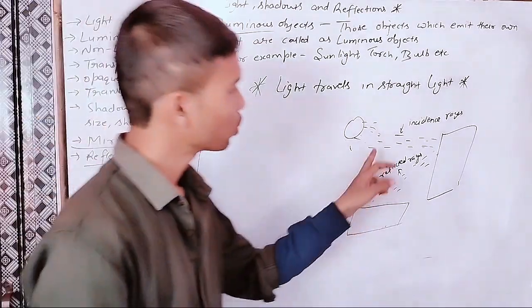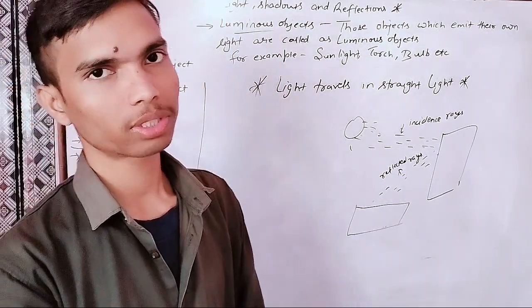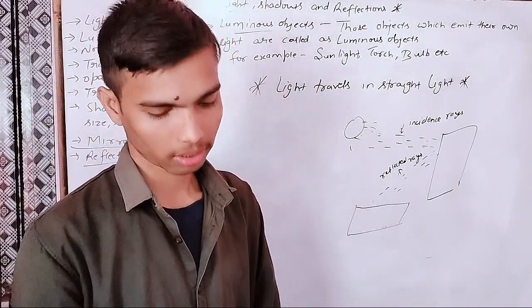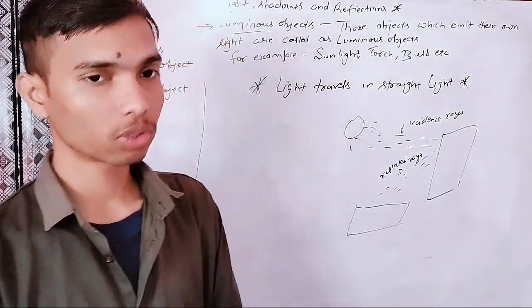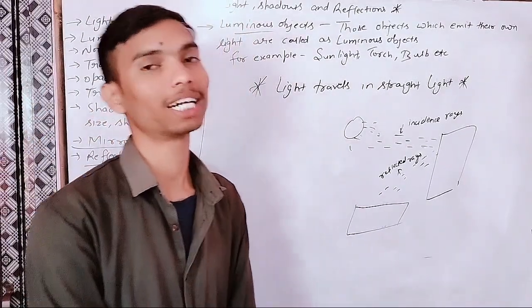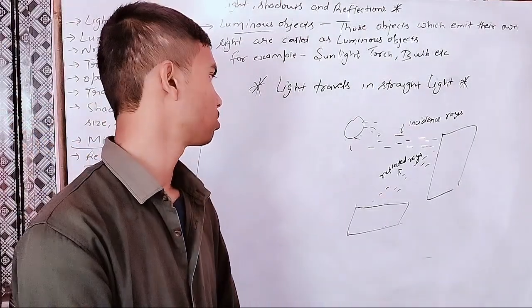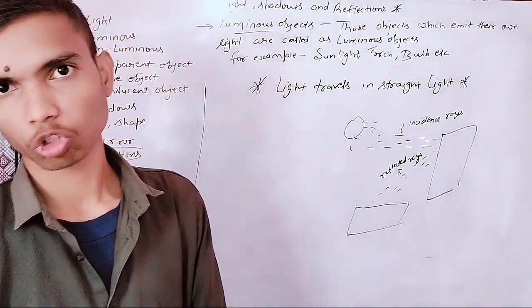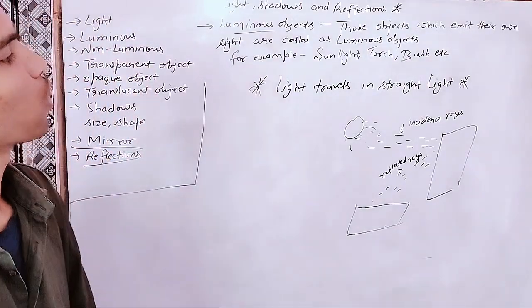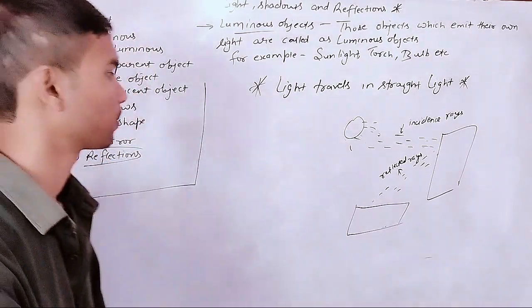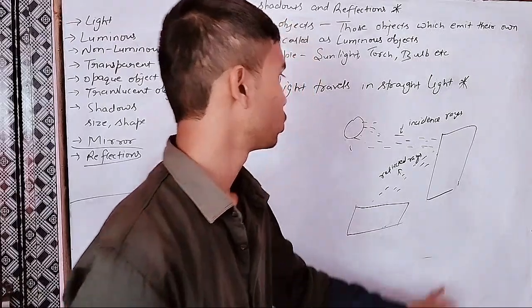Clear? So the incoming light from the source is considered the incident ray, and the incident ray turns into another direction. This turning direction of light is considered the reflected ray. Okay, this was the next point to understand in the discussion of the word reflection. Clear?